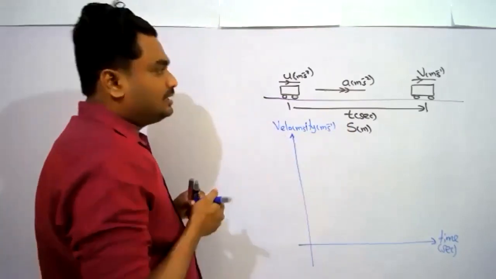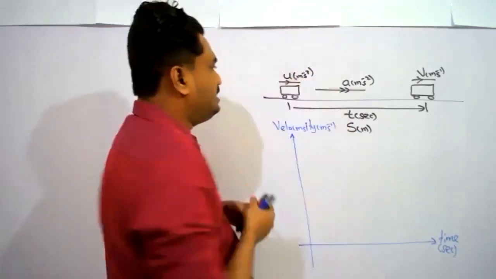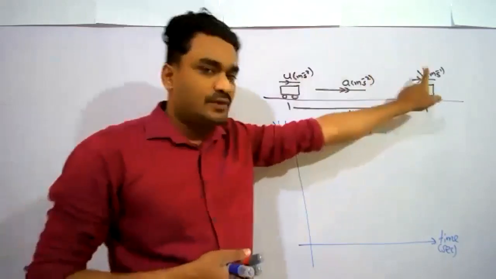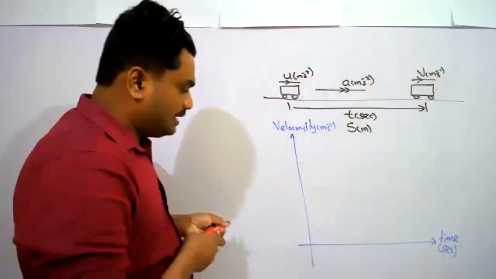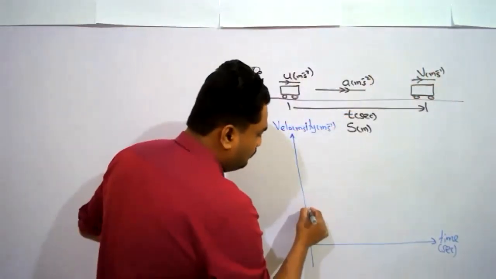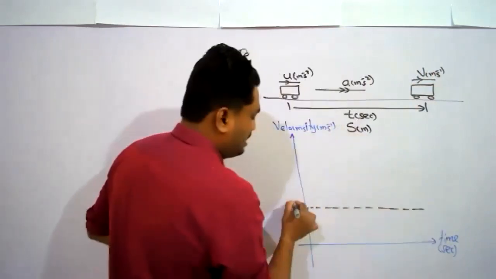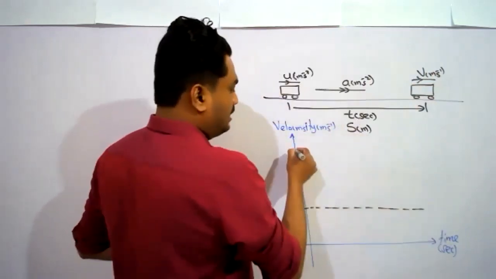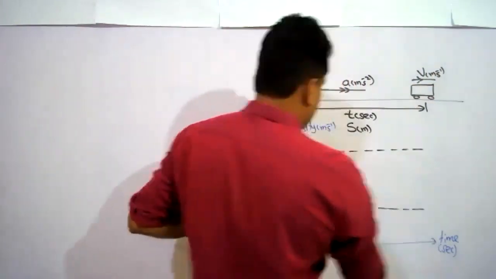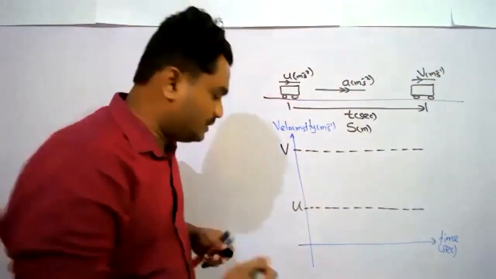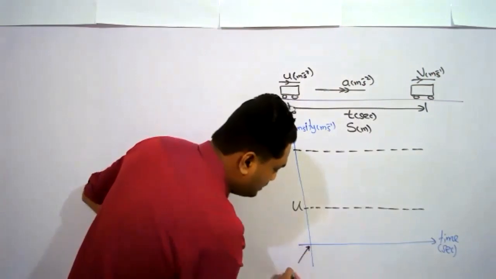Here you can identify two velocities. Initial velocity is u, final velocity is v. Let me mark the initial velocity here as u and the final velocity as v. This is 0.